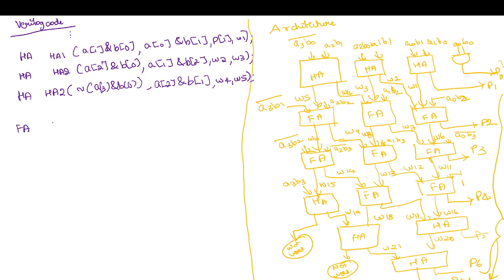The same way for full adders. A1, W1 W2 and then A0 B2. W2 W1 A0 AND with B of 2, W6. Full adder 2.